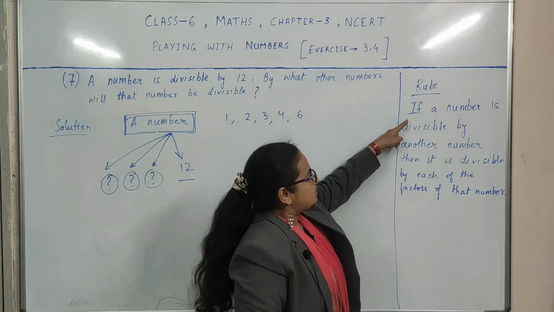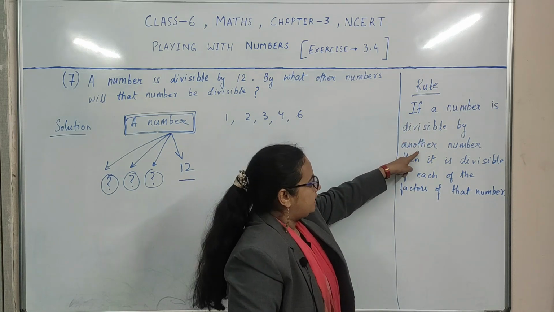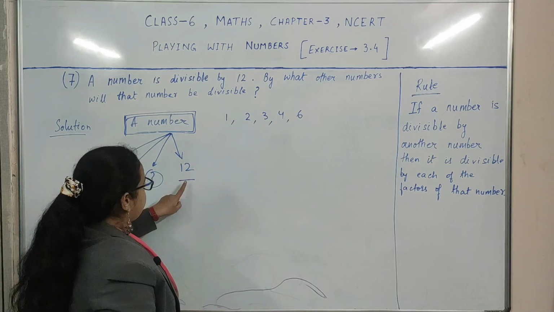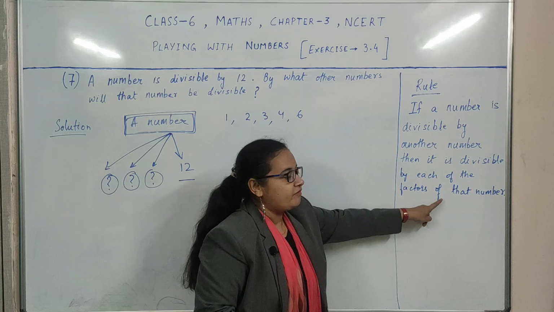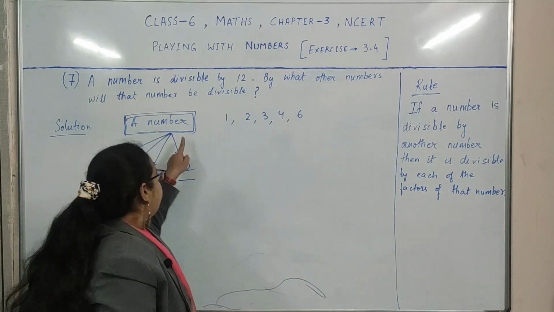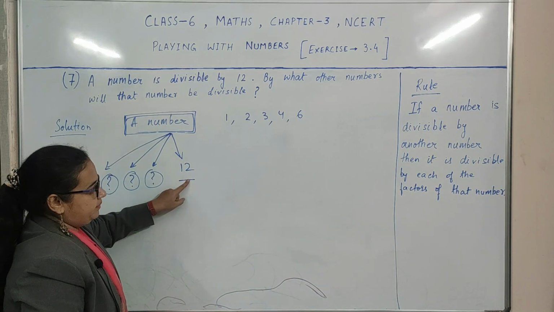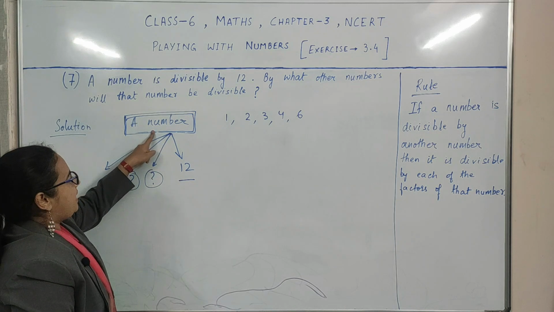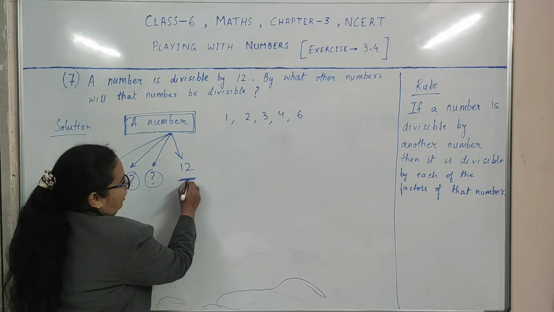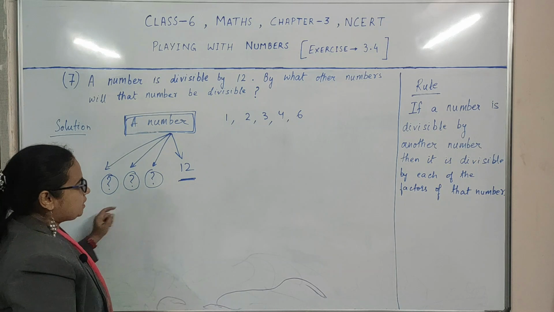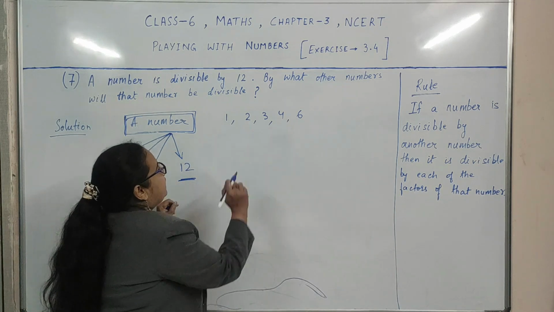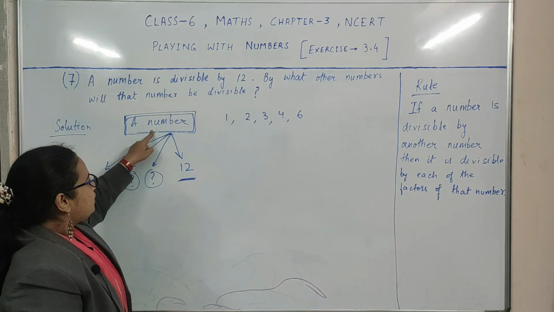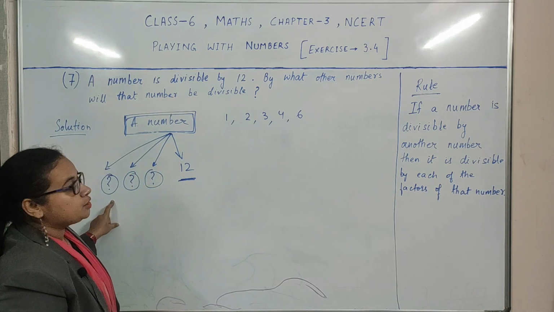There is a rule that if a number is divisible by another number, then it is divisible by each of the factors of that number. So we have to find the factors of this number. We got the factors of 12. It means this number is also divisible by these numbers. So we got the answer.